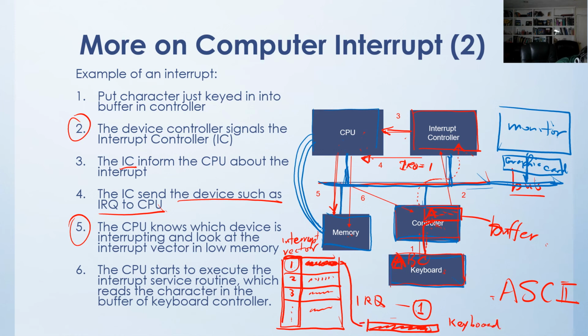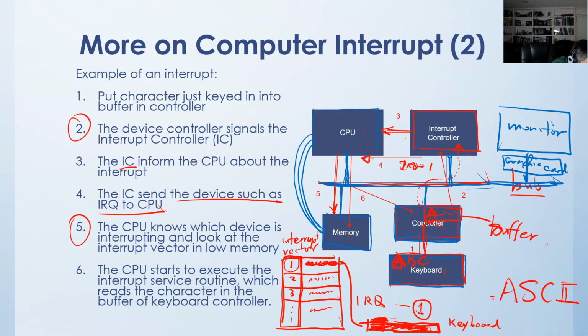So then it starts to execute this service routine. You fetch the first instruction into the CPU register, then decode the instruction and execute it. Now, this interrupt service routine tells the CPU what to do.